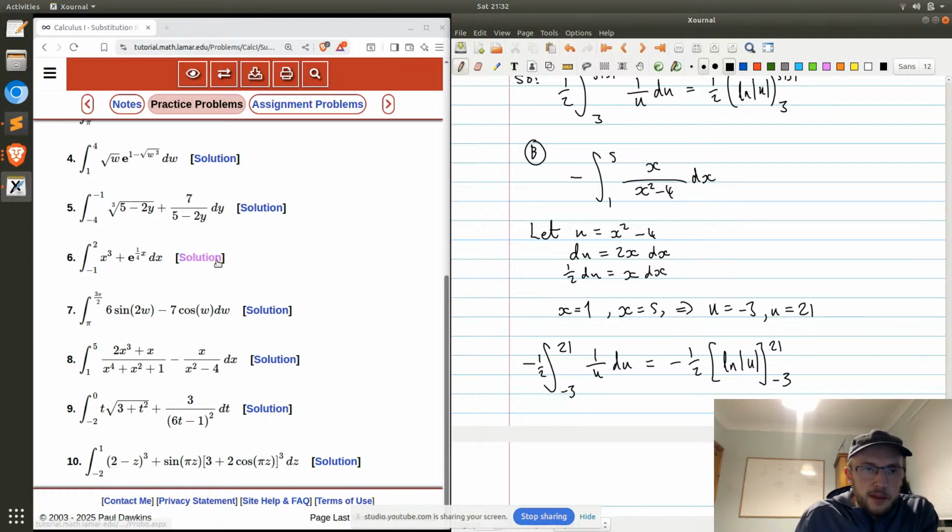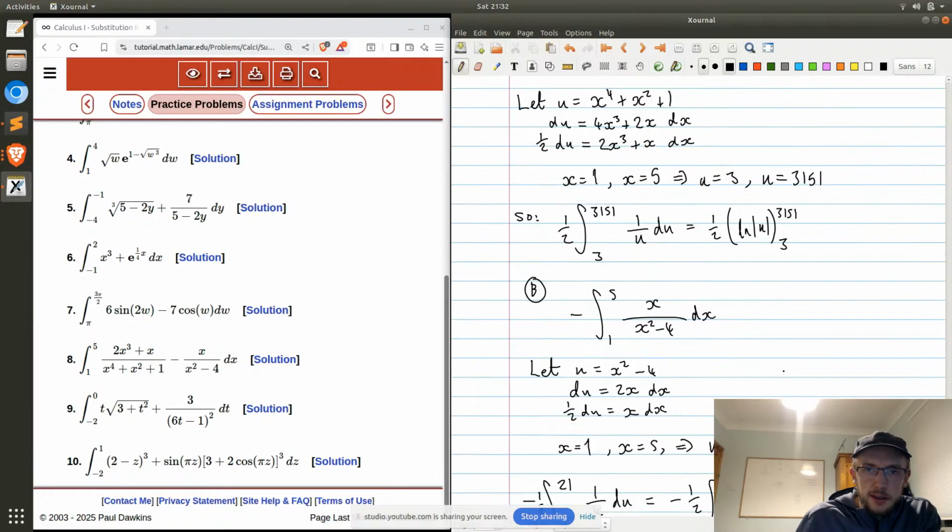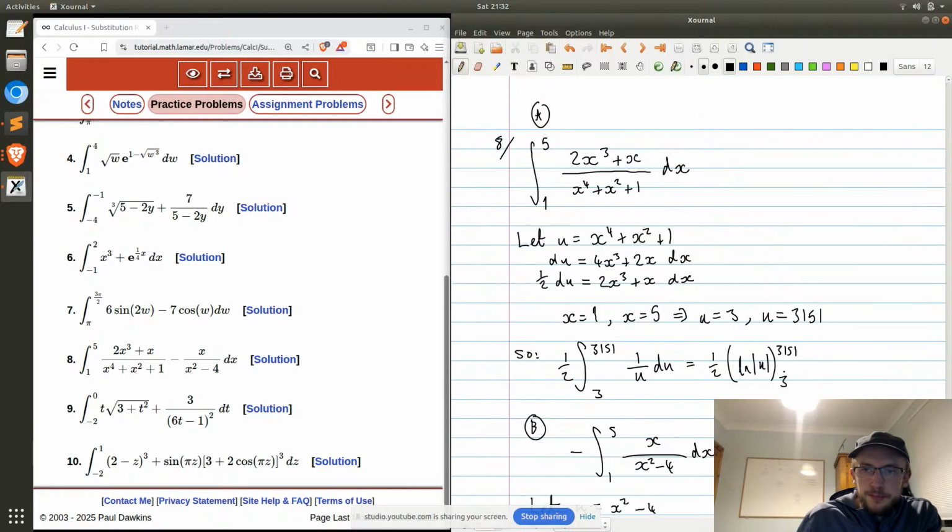But perhaps this integral is not defined. Did you ever think about that? Maybe. I don't see 0 in the interval of integration, so it seems okay. But perhaps I'm wrong.